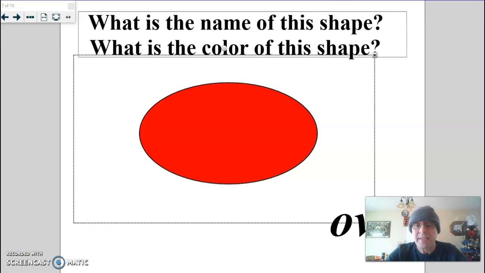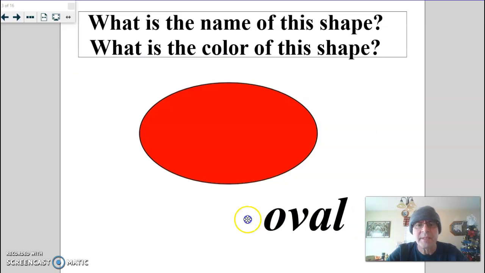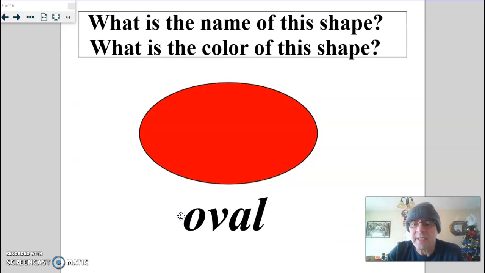Another shape, it's kind of like a circle, but it's not. It's called an oval. Oval. Now, see, it has one outside edge. It has no corners. But see how it's like a circle, but it's stretched out to one side? Like kind of like a football or maybe an egg, right?